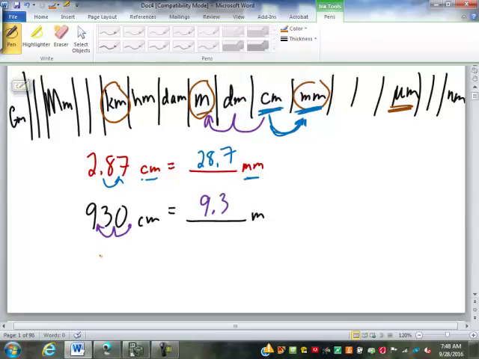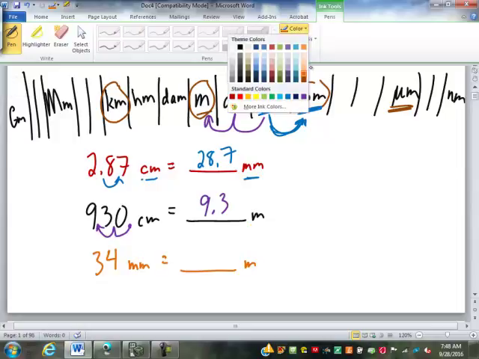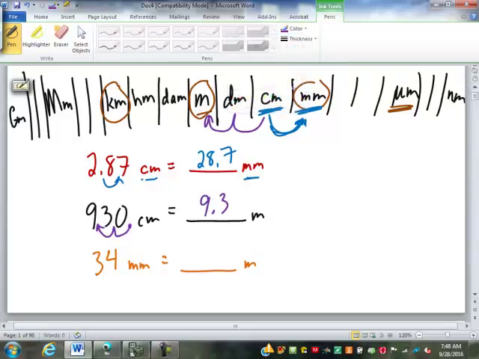If I have 34 millimeters, and I want to convert it into meters, what am I going to do? Well, from millimeters to meters, I'm going 1, 2, 3 spots to the left, right? Decimal point has to go 1, 2, 3, have to add a 0, spots to the left. 0.034.